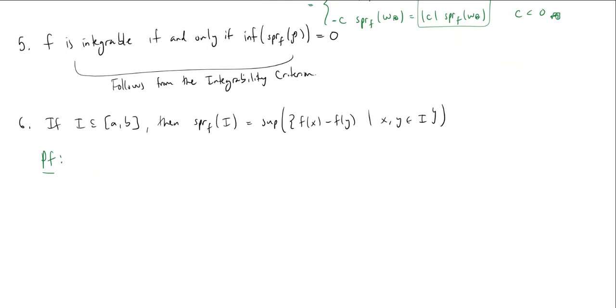So let's start with the right-hand side. I have the supremum of all possible differences of elements from I. I can rewrite this as the supremum of f of something in I, for all possible x.